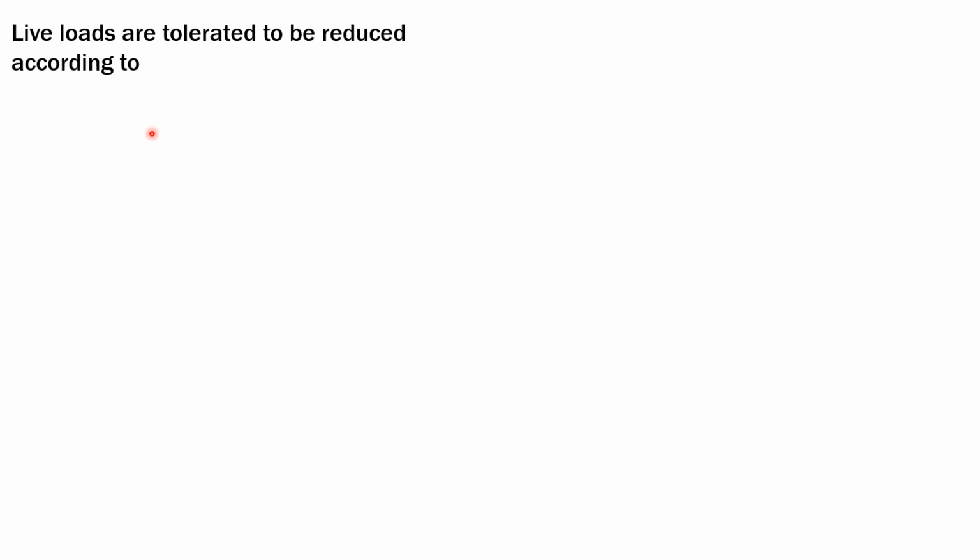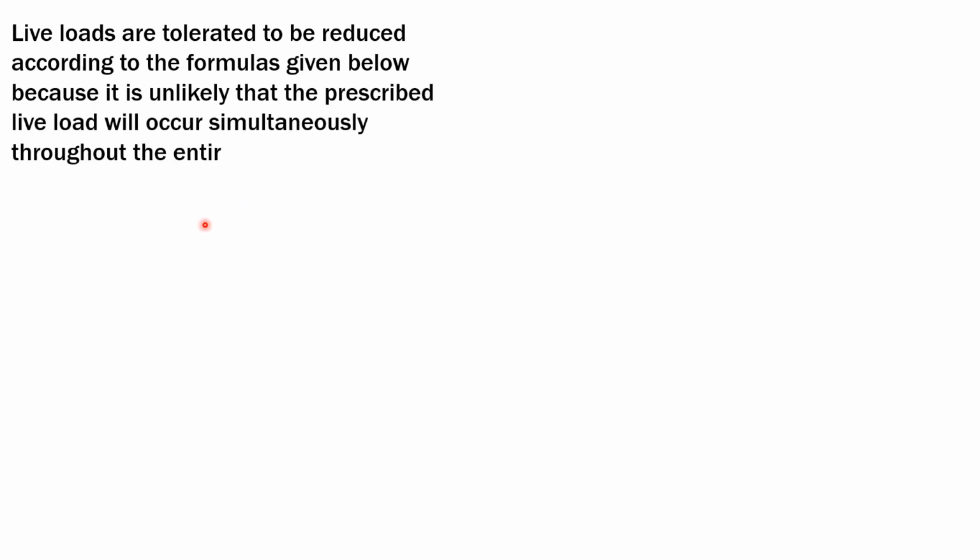Live loads are permitted to be reduced according to the formulas given below because it is unlikely that the prescribed live load will occur simultaneously throughout the entire structure at any one time. For instance, it is impossible that a building will be fully occupied at any one time.